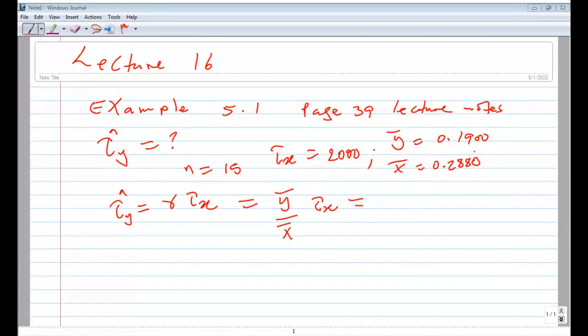Those are the information. So according to the formula of estimating the total weight of apple juice, it's equal to y bar divided by x bar times tau x. Y bar is 0.19, then you divide by x bar, which is 0.2880, then you multiply by the total weight of apple, which is 2000.